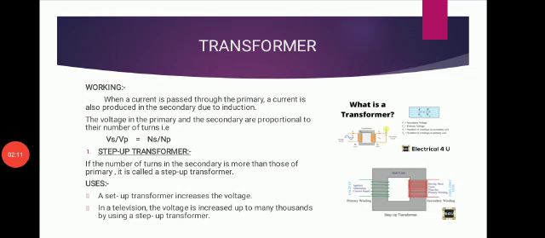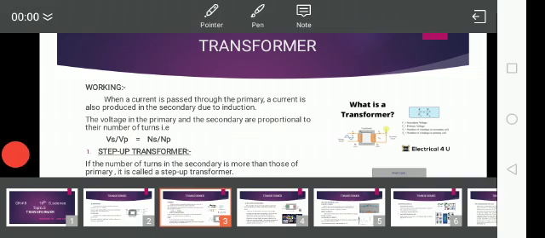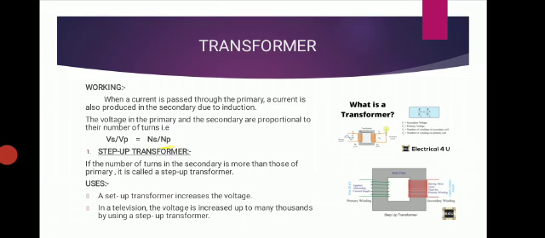The voltages in the primary and the secondary are proportional to their number of turns. Vs by Vp is equal to Ns by Np, and this is known as the equation of the transformer.